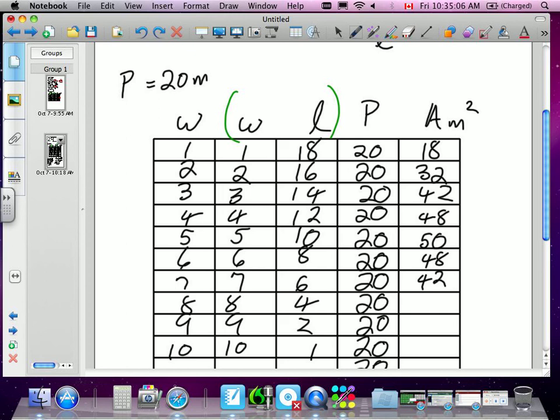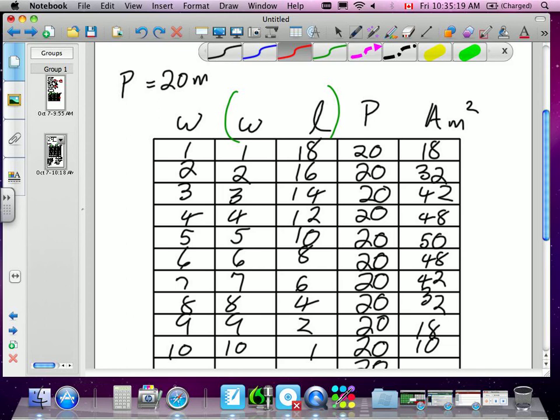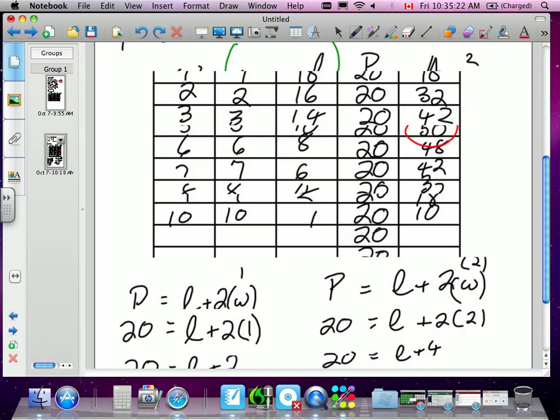Yeah, 32. 9 by 2 is 18. 10 by 1 is 10. Okay, so again, if we look through our maximizing of area, 50 meters squared is what worked best.